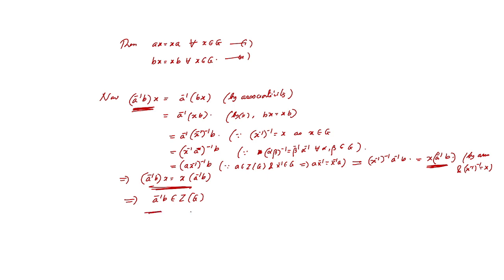That means A inverse B belongs to ZG. Okay. So what we have proved, A B belongs to ZG implies A inverse B belongs to ZG. Now since A B was arbitrary, we can write A inverse B belongs to ZG for all A, B belongs to ZG.